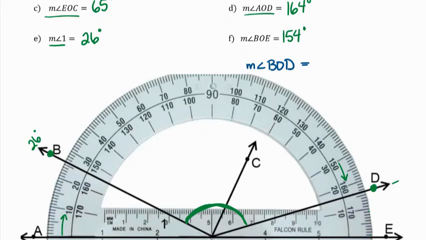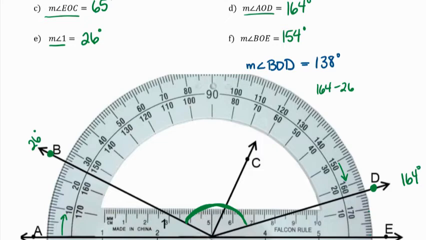This is at 164, right? So then I can subtract those. If I do 164 minus 26, I get 138 degrees.